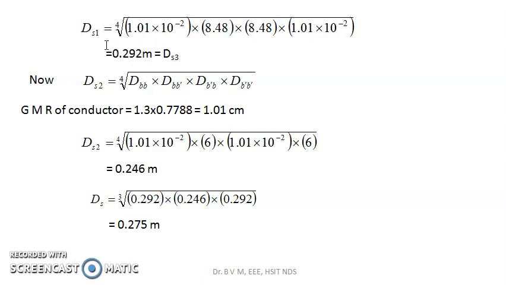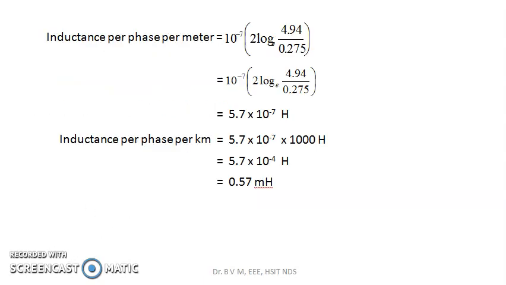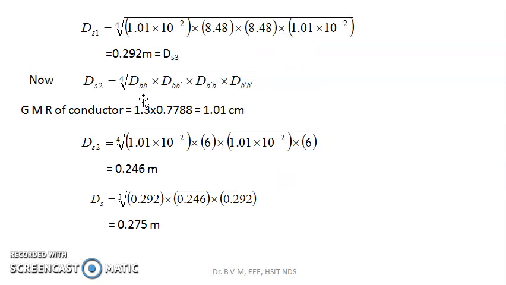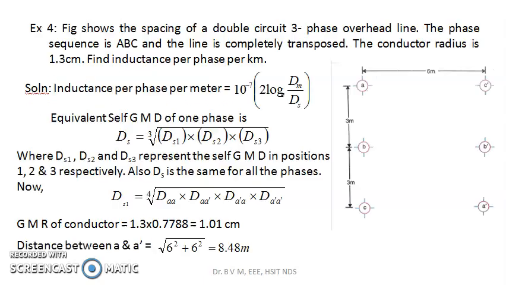And this will be the same as that of ds3. What is this ds3? ds1 you have calculated, that is d of aa, d of aa dash, d of a dash a, d of a dash a dash.